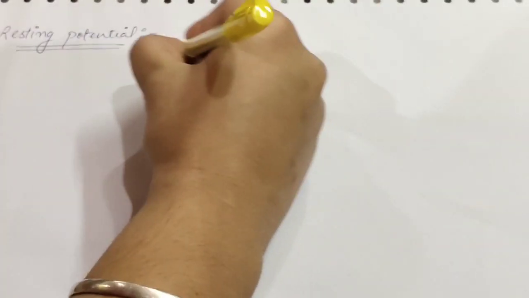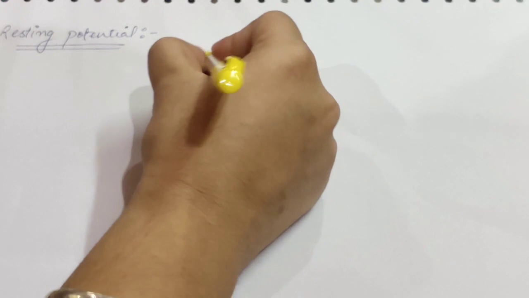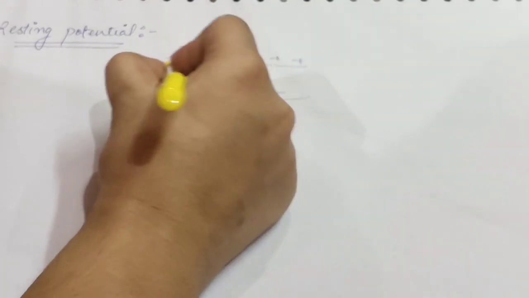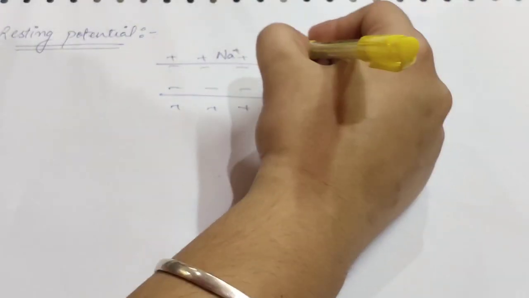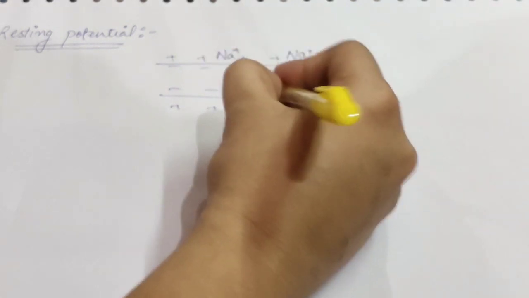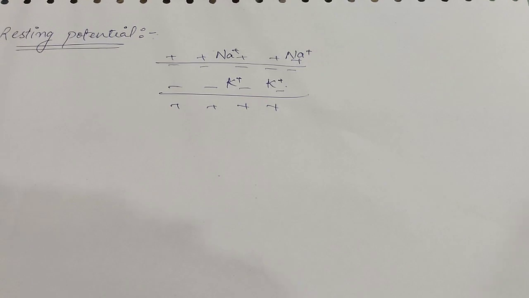During the resting potential of the nerve fiber, the outside of the nerve fiber is positively charged with respect to the inside. That means the inside has a negative charge. The outside of the nerve fiber contains more sodium ions, whereas the inside contains more potassium ions.